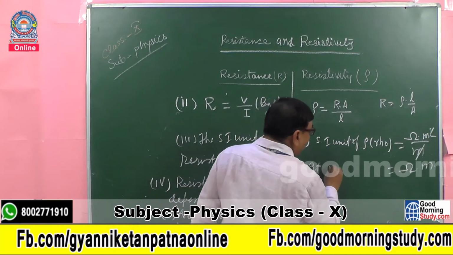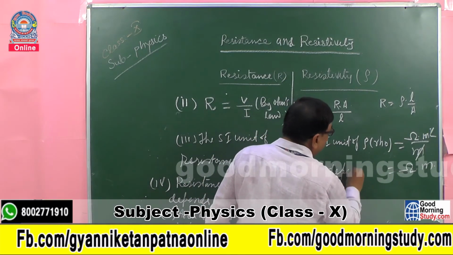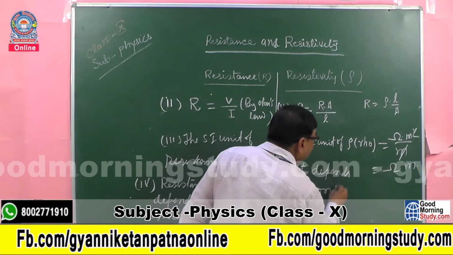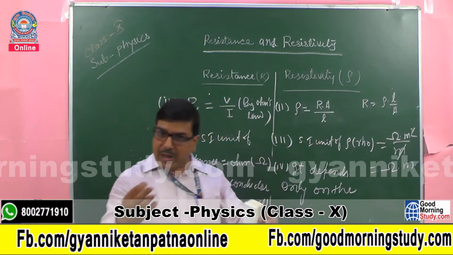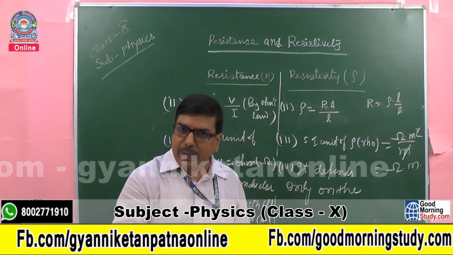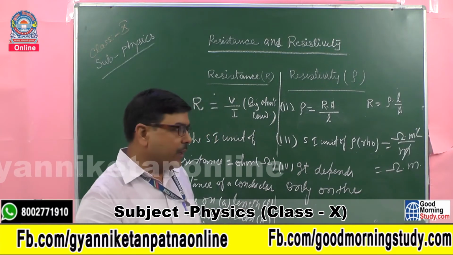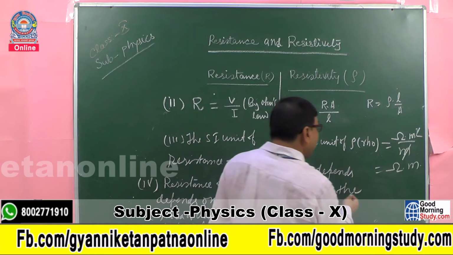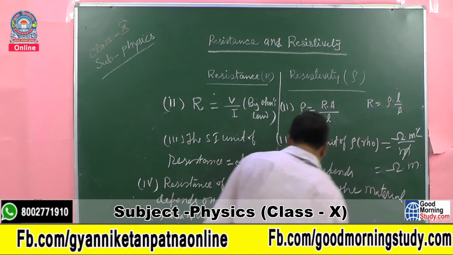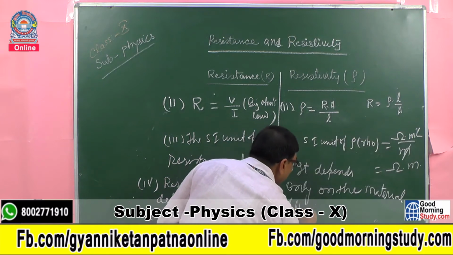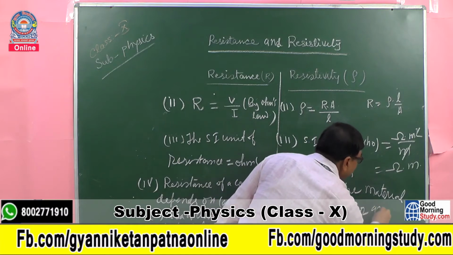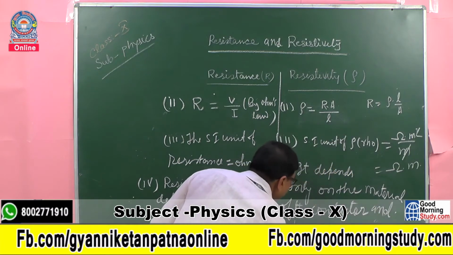And here, in the fourth point, resistivity depends only on the material of the body from which the conductor is made up of. So nature of the conductor, the material of the conductor, and temperature.